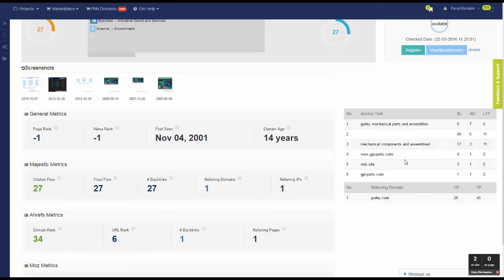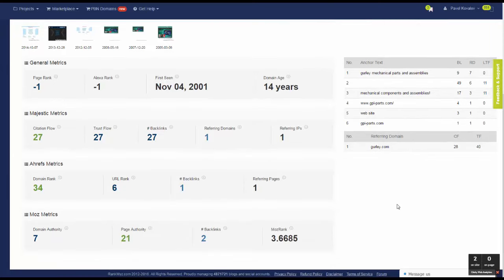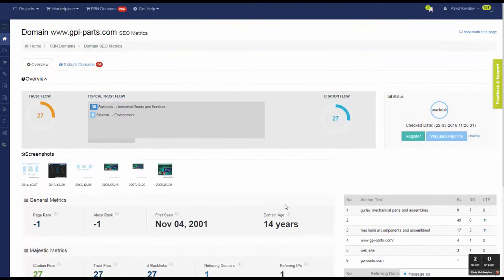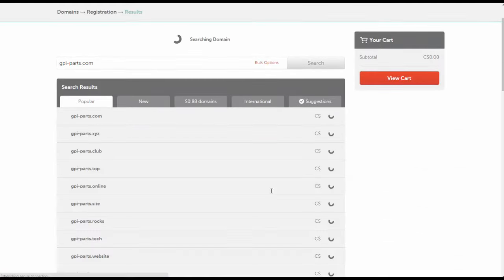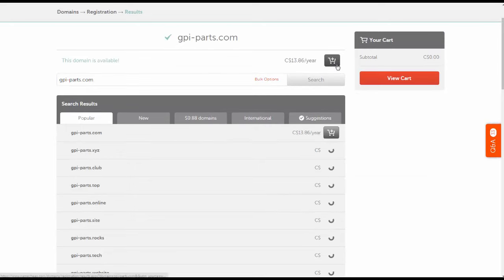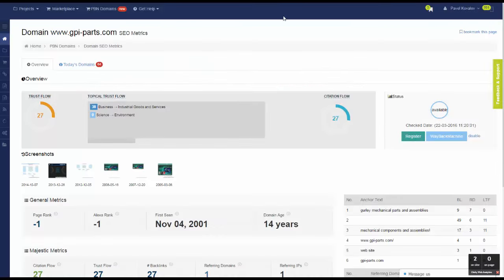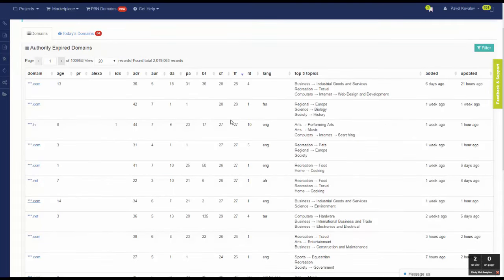You can see anchor text, you can see referring domains, and essentially all the information you need. So you can click and go to register and see that this domain is available, although we check the availability of these domains every day. But of course, it's hard to scroll through millions of records.